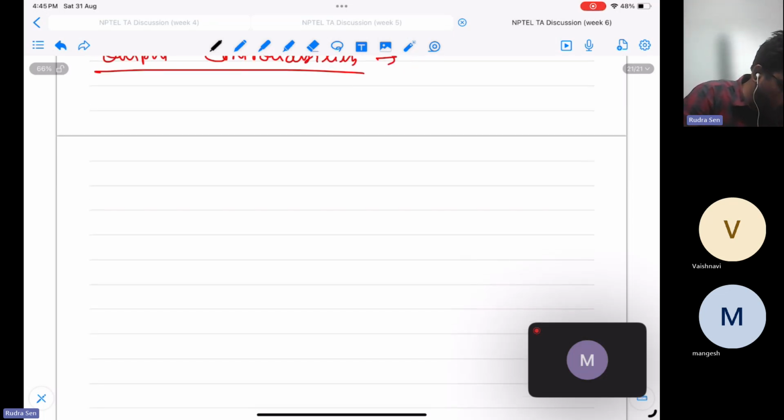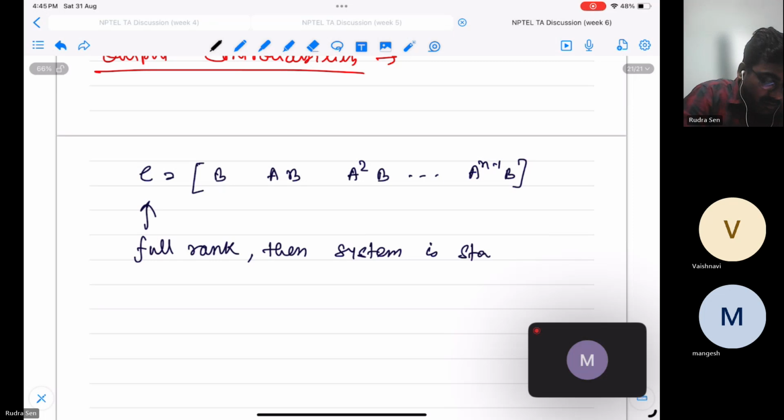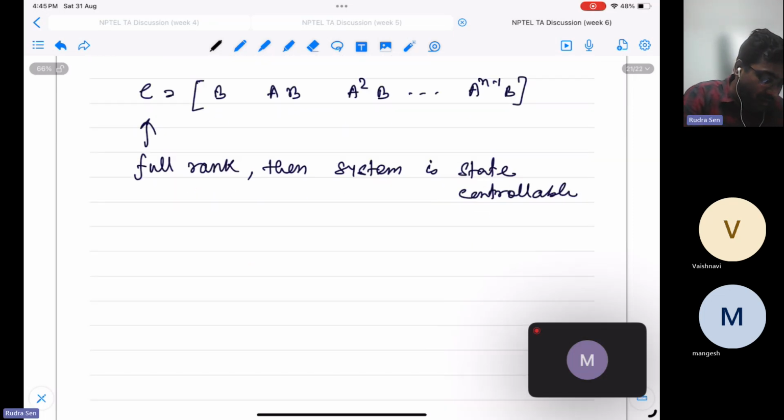In case of state controllability, we check that this matrix should be a full rank matrix. If this is full rank, then the system is state controllable. In case of output controllability, let's say your output is y equals Cx.